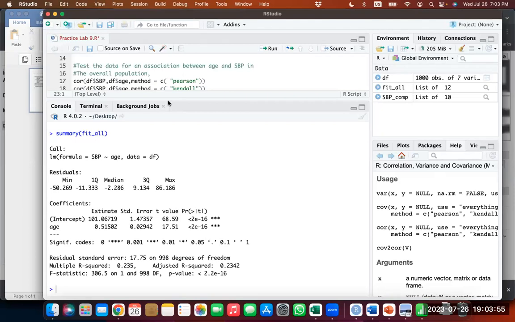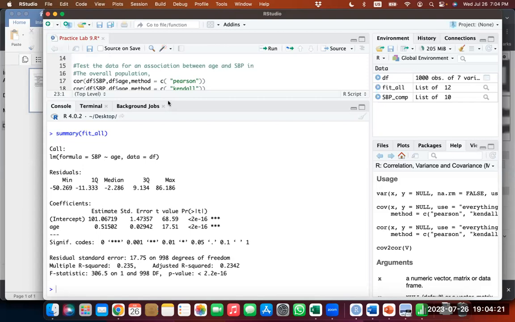Correct. So when age is zero, a newborn has a blood pressure of 101. Yes, good. So with every year of age, that will increase.